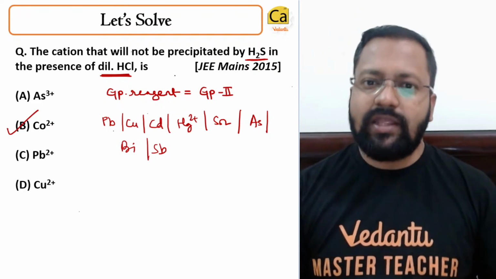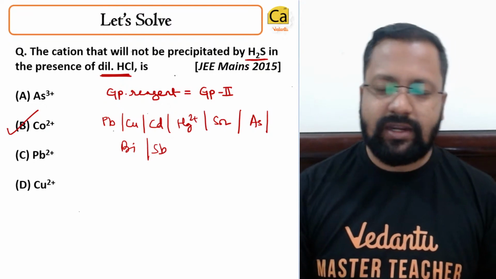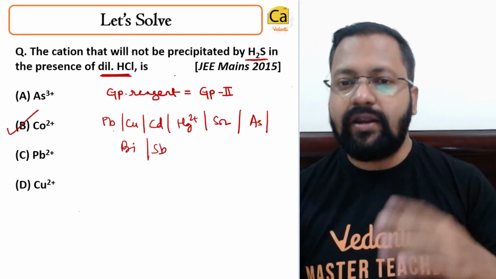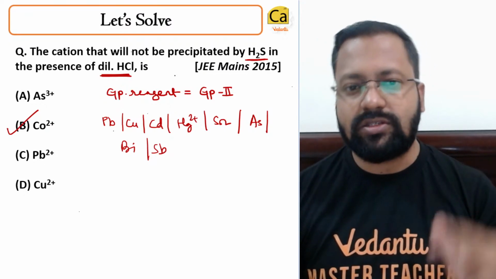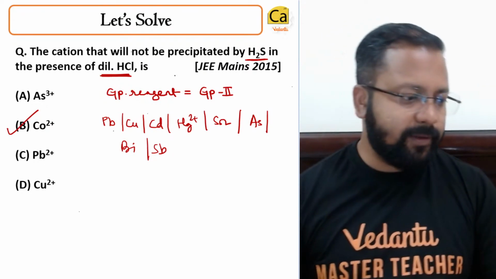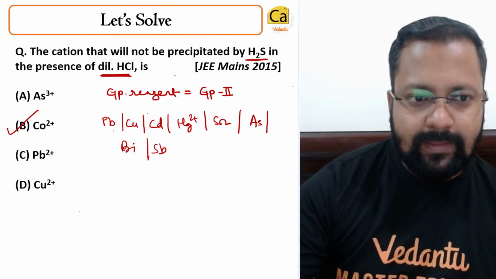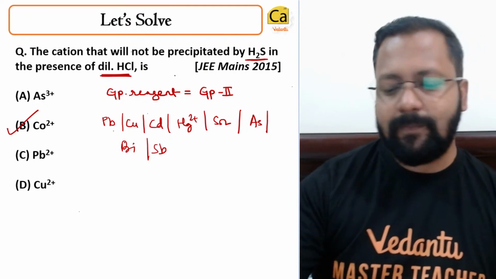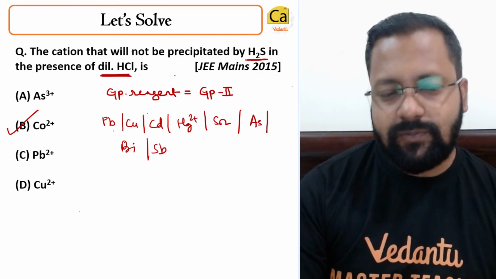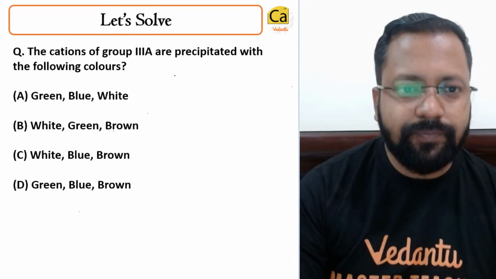Entities present in two different oxidation states are in group 2b. Entities present in only a single oxidation state are in group 2a. The right answer is B. Okay, let's go on to the next question.